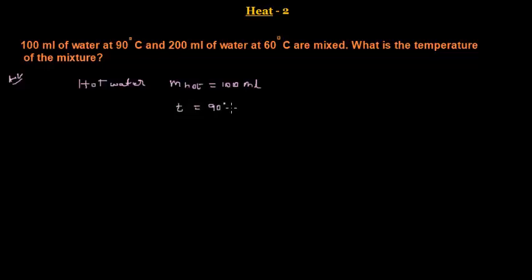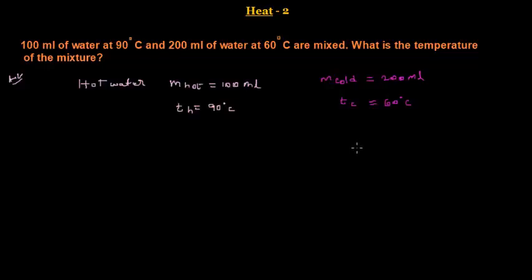Since it is hot, let us write down H here. And for cold water, m cold is equal to 200 ml and T cold or Tc is equal to 60 degrees centigrade.